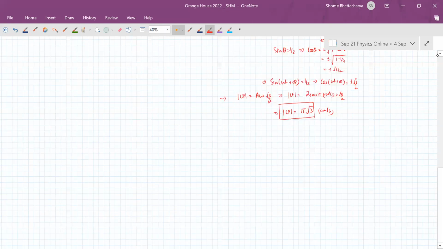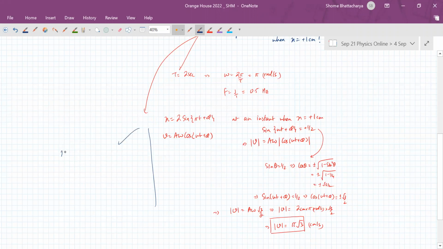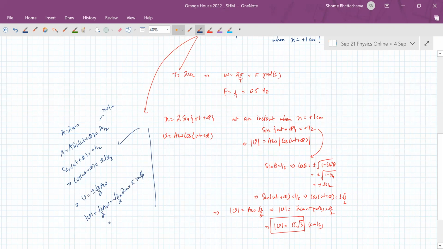At the exam level, you can do this much faster by just understanding like this, that okay.